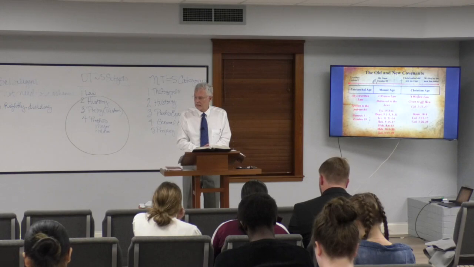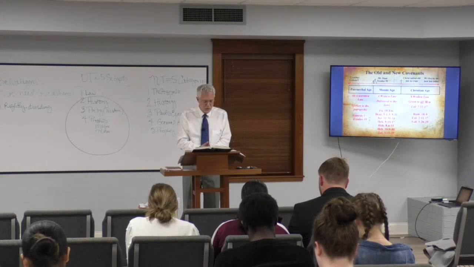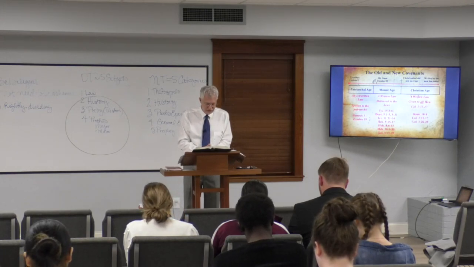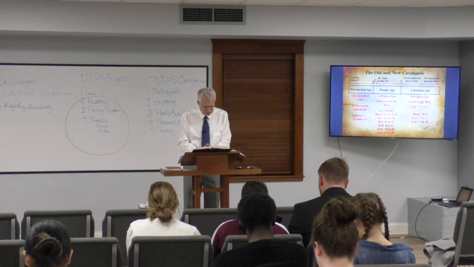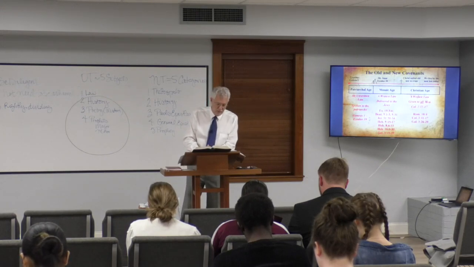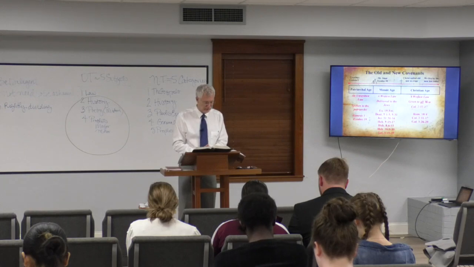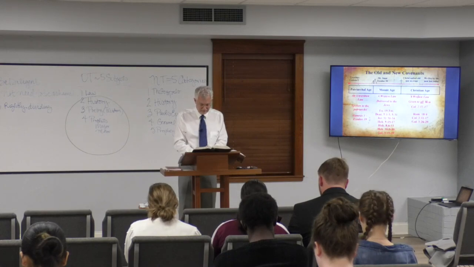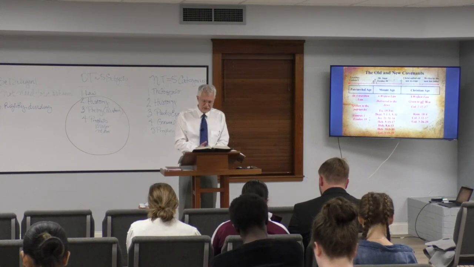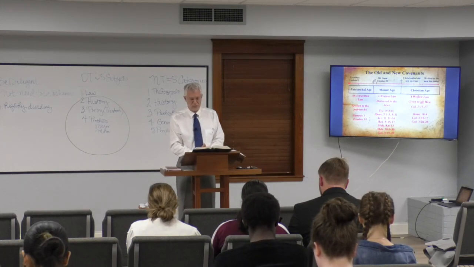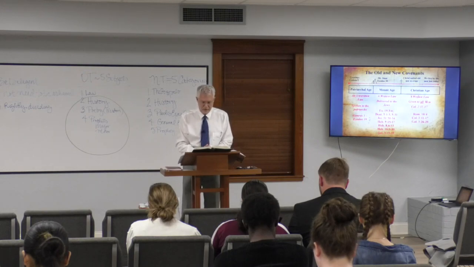The time is coming, declares the Lord, when I will make a new covenant with the house of Israel and with the house of Judah. It will not be like the covenant I made with their forefathers when I took them by the hand to lead them out of Egypt, because they broke my covenant, though I was a husband to them, declares the Lord. This is the covenant I will make with the house of Israel after that time, declares the Lord.